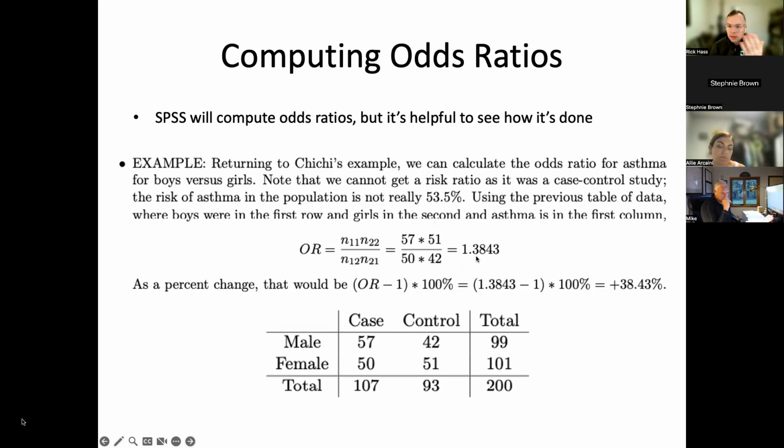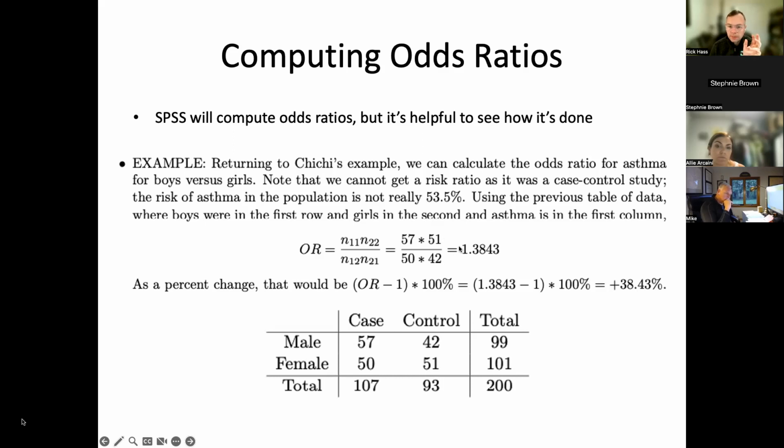So an odds ratio as a plain number gives us how many times greater the odds are for whatever it is we're looking for. In this case, for having asthma, how much greater are the odds for the group represented by the numerator compared to the denominator?